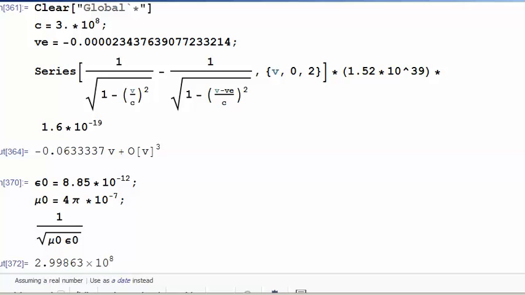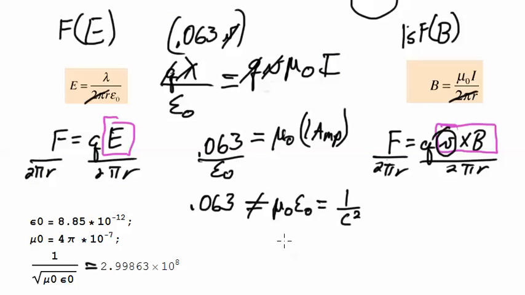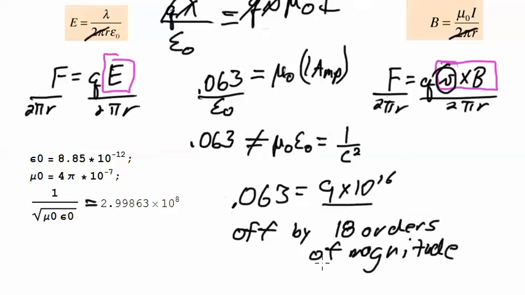So this equation says 0.063 equals 9 times 10 to the 16th. So we're off by about 18 orders of magnitude.